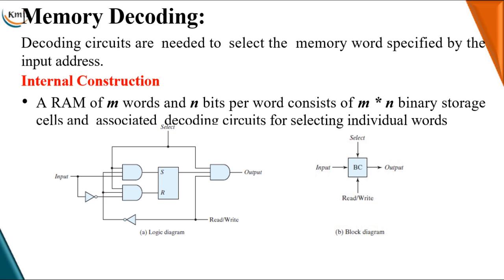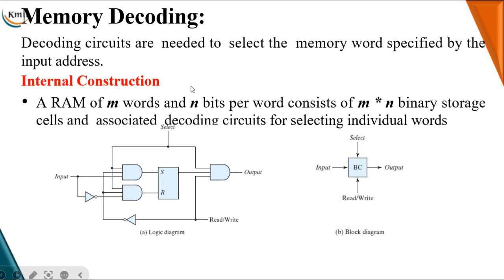Now, in order to decode your memory, first let me explain what a binary cell is. How many inputs are there? A binary cell is nothing but a basic flip-flop, which can hold only one bit of data. Each memory word can have a collection of binary cells. Based on that collection of binary cells, you can have data bits which you can load into the memory word, or you can retrieve your already stored data through that binary cell.